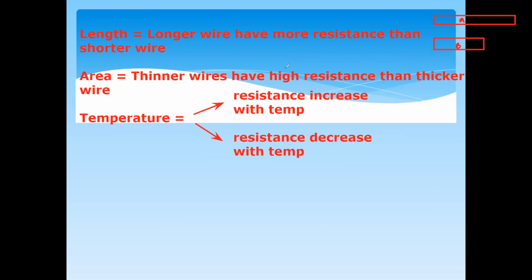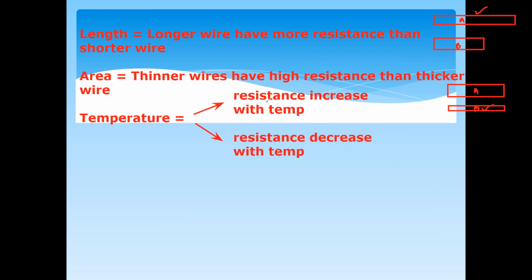A will have the high resistance. And if we have two wires of the same length but different cross-sectional areas, which one has high resistance? In that case, B has the high resistance.